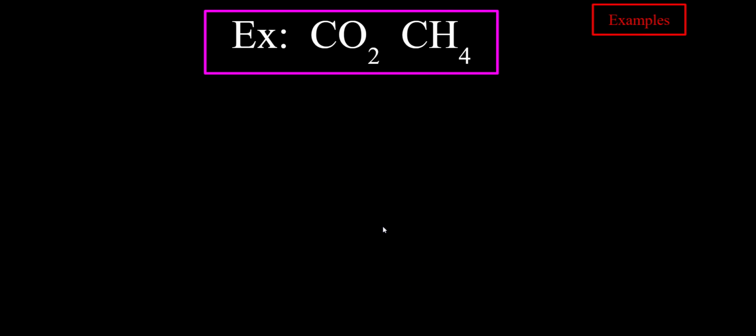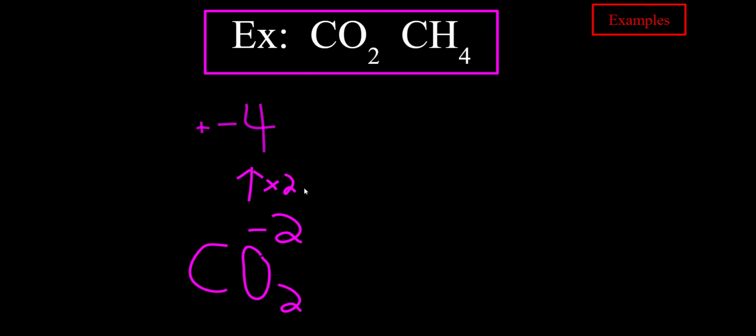Okay, now, methane and carbon dioxide. Now, these are both neutral compounds, so the overall charge is 0. And I'm going to start with the oxygen in this one, because I know oxygen's always -2 here. There's 2 of them, so that gives me -4. That's going to add up to 0. So carbon's going to be +4.